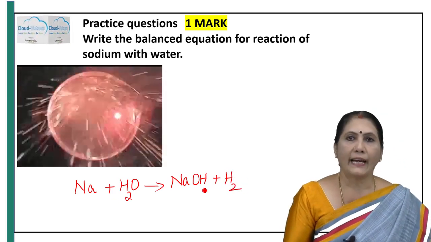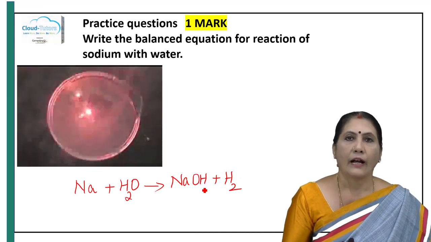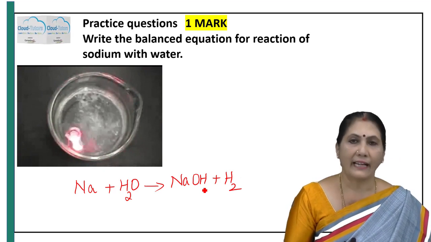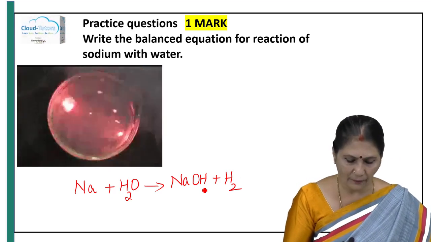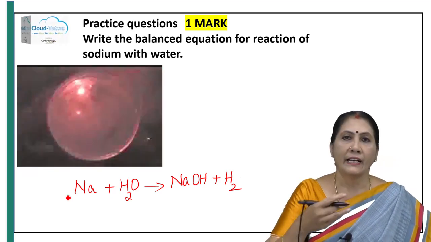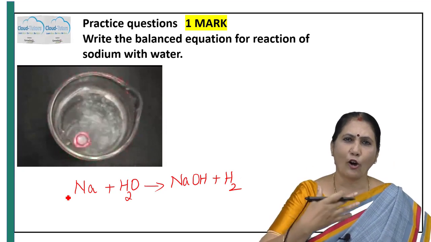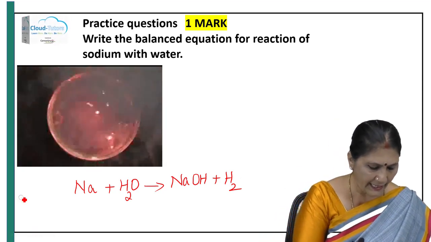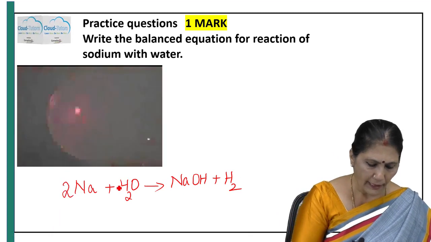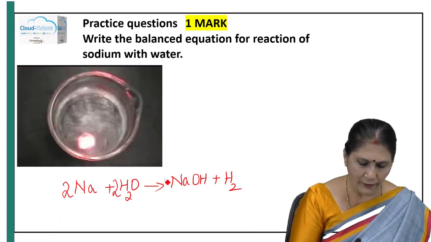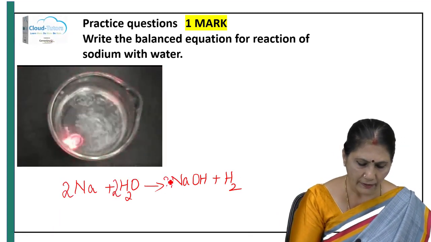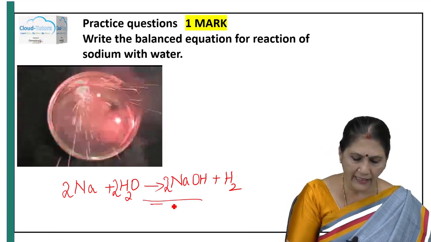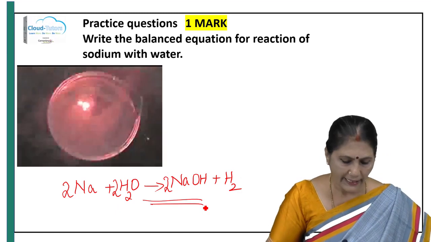Now, quickly to balance the equation, adopt the hit and trial method and start balancing the equation. When we start practicing a lot of equations, very quickly you can say 2Na plus 2H2O gives 2NaOH plus H2.